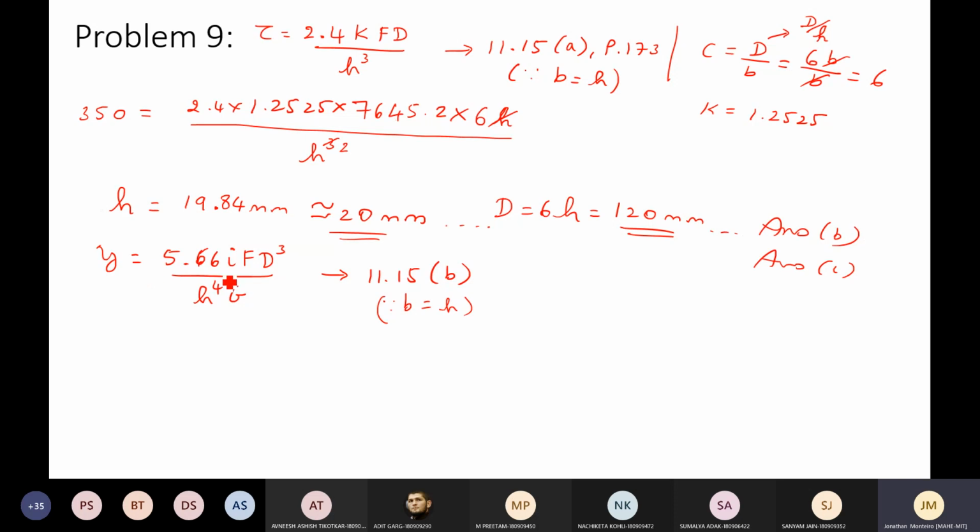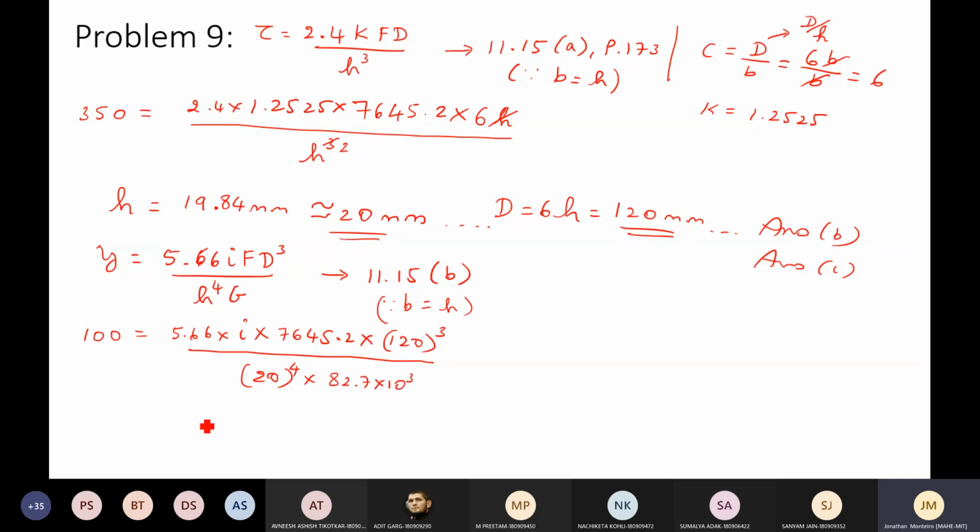Now Y is equal to 5.66, this one. What is unknown here? We want I. Here we know that the springs have to be compressed by 100. So 5.66 into I is unknown. F is again 7645.2 into D cube. D cube is 120 cube. Now that we know the size, we can write it down: 20 to the power 4 into 82.7 into 10 raised to 3. So I will be how much?